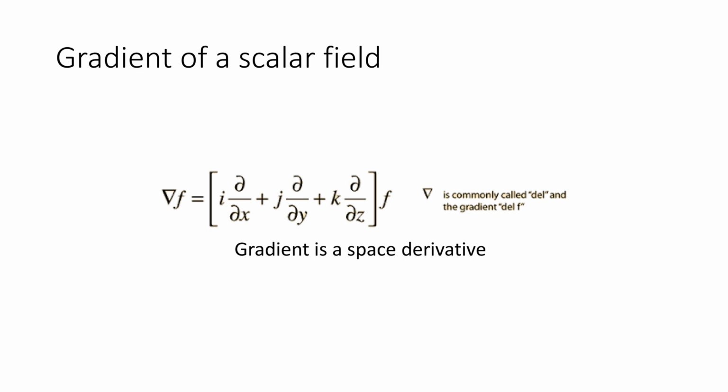By mapping the gradient vectors at different points on the scalar field, we can convert a scalar field into a vector field, and that vector field is called the gradient field of the scalar field. So gradient is a space derivative because it represents the maximum rate of change of the scalar quantity with respect to space.